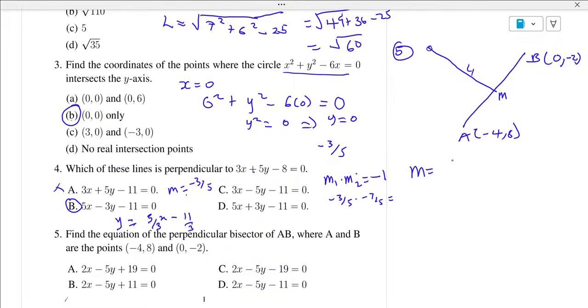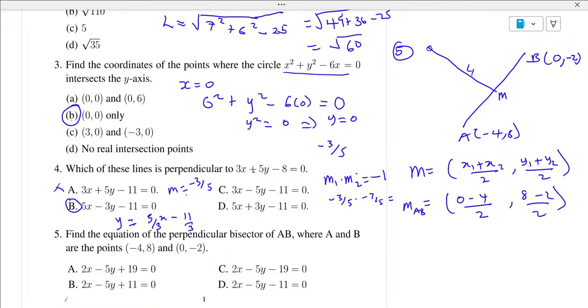So M is giving us x1 plus x2 all over 2, and then y1 plus y2 all over 2. So in our case here, the midpoint of AB will give us 0 minus 4 all over 2, and then 8 minus 2 all over 2, and that will give us -4 on 2, and then here will give us 6 on 2.